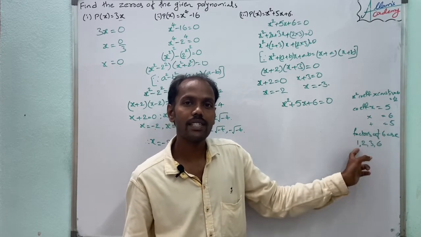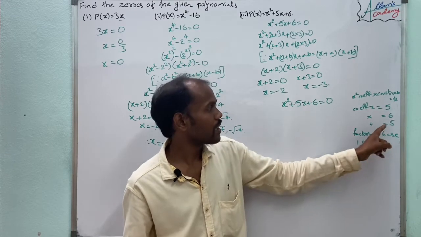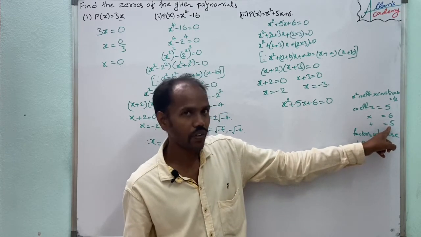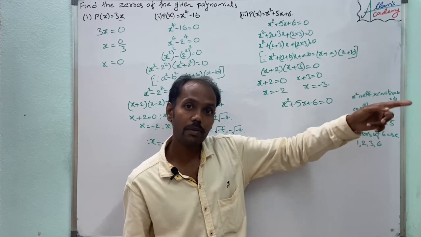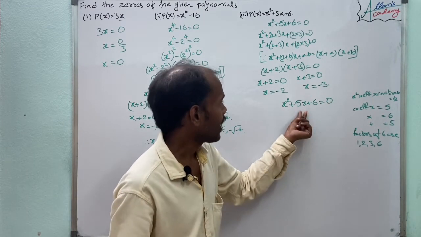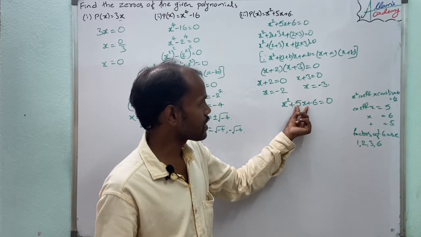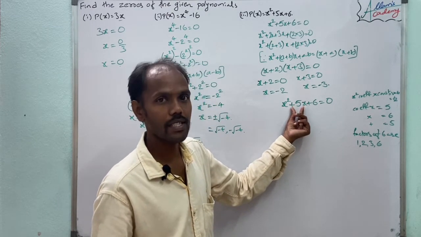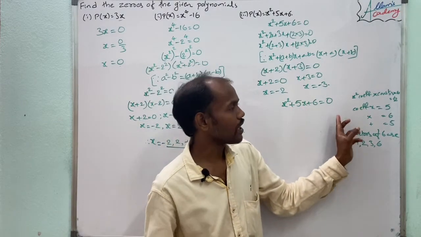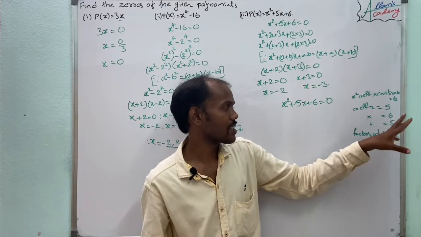If 1 minus 6, we get minus 5, but here we want plus 5. If 6 minus 1, we get plus 5, but the product then is minus 6. So that is not possible.